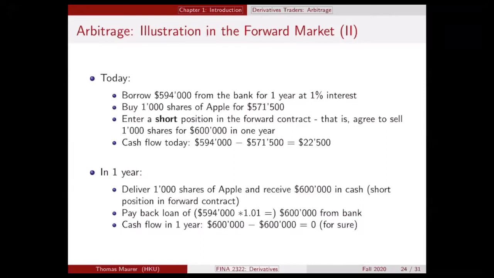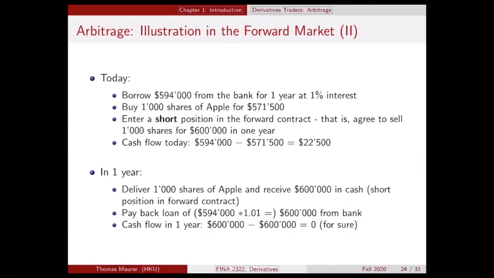What's the cash flow in 1 year? I have to deliver 1,000 shares of Apple to receive my forward price of $600,000. That's because of my short position in the forward contract. That's no problem for me because I did buy the Apple shares, and so I have them. I can deliver them without risk. And on the other side, I had to pay back the borrowed money plus interest, which is $600,000.